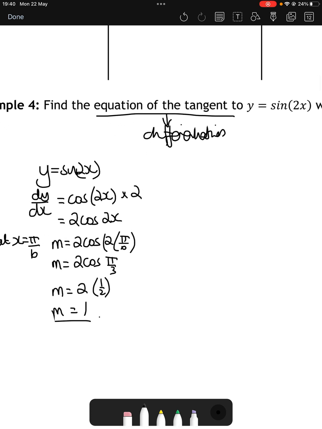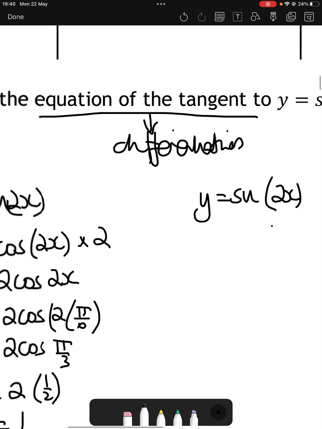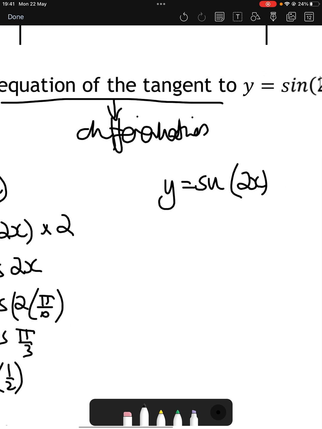Okay, so we've got our gradient. Do we have our a, b? Because remember, equation of tangent is y minus b. We do not have our a, b. But we do know that x is pi over 6, so we need to figure out y. We know that y is sine of 2x. So x is pi over 6.